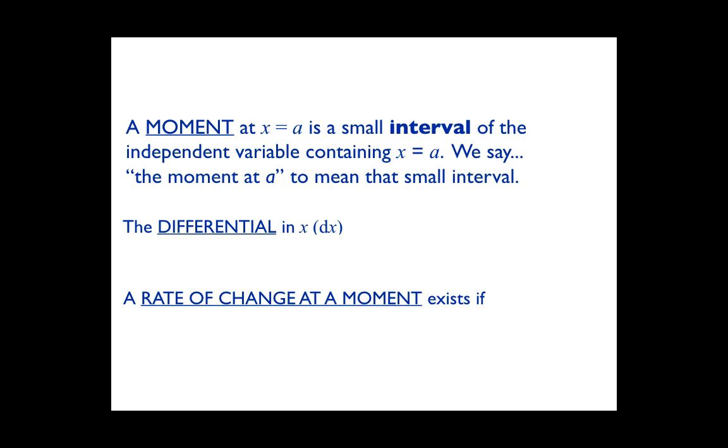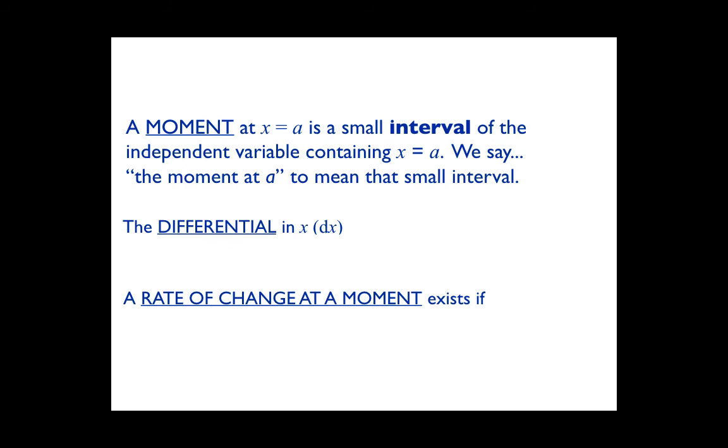Sometimes in advanced math textbooks, they'll call it a neighborhood about x equals a. It's the same terminology, used throughout. But this moment is a small interval of the independent variable that includes a. A could be at the beginning, the end, the middle, anywhere. I'm just using a as a generic x value. So we say the moment at a to talk about not just one point in time, but a small interval including that, wherever the a value might be within that interval.